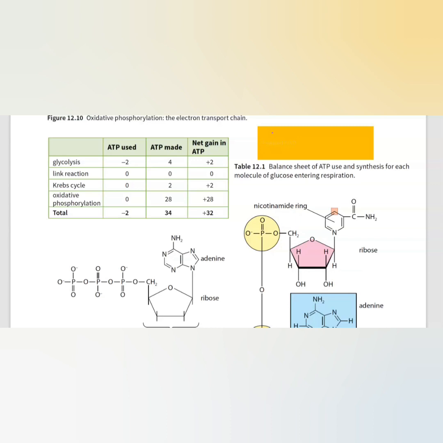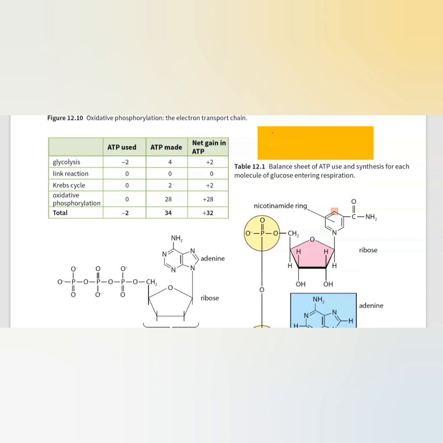So from these 10 reduced NAD, a total of 30 ATP molecules can be generated here. For example, from the Krebs cycle, 6 reduced NAD are there, so 18 ATP can be produced, and 2 reduced NAD from the link reaction, so 6 more, so it becomes 18 plus 6, 24, and 4 reduced NAD from glycolysis, so more ATP molecules can be produced.